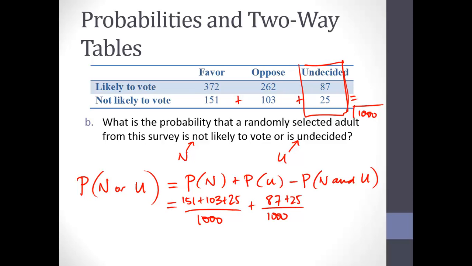And then what about the probability that I'm not likely to vote and undecided? 25. I think I hear that quietly out there. So that will get you to the exact same thing that we saw before, but just recognizing we can use our general rule here to get to that number. And if you add all those up, you'll get 0.279 plus 0.112 minus 0.025.